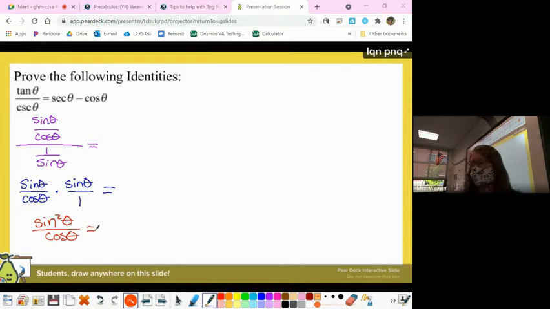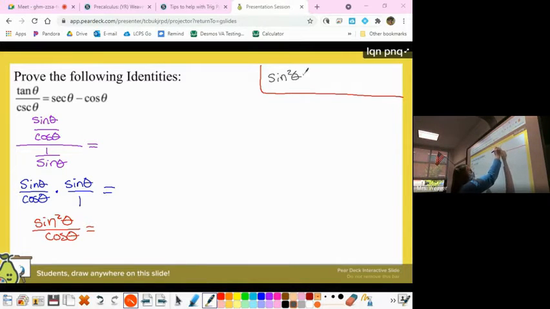So which one has sine squared in it? Only one of them has sine squared in it. The one that has sine squared in it, and this is a little aside, this is not part of my proof, is the one that says sine squared theta plus cosine squared theta equals 1. We need to substitute for just sine squared theta.